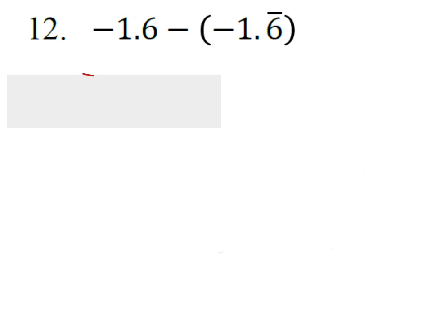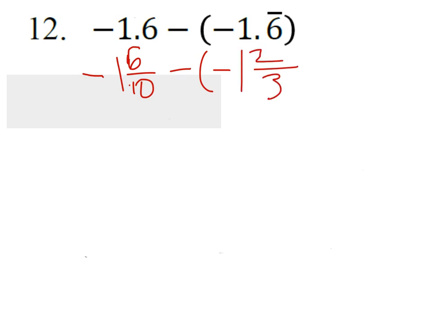You change minus 1.6 over there into 1 6/10. And then 1.6 repeating is 1 2/3. And then 10 and 3 have the same thing as 30.